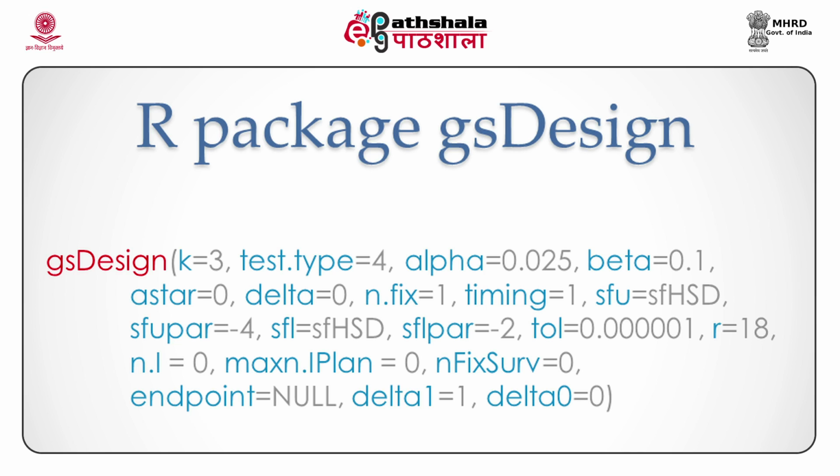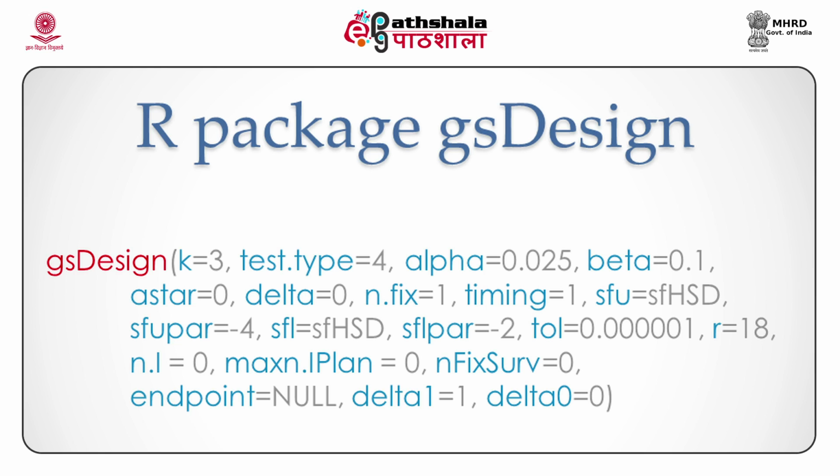astar, which is normally not specified, but if test type is 5 or 6, that is if we are using two-sided asymmetric tests, then astar will specify the total probability of crossing a lower bound at all analyses combined.